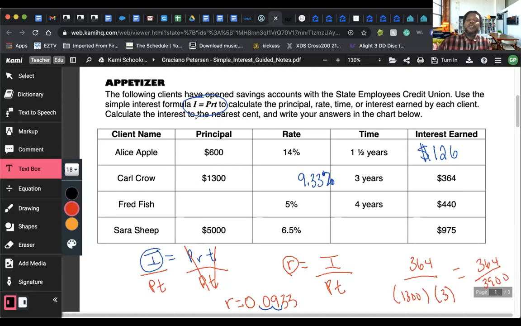Right, so we're going to change it again for Fred Fish to figure out his principal, because the principal is what's missing for Fred, right? We don't have the principal for Fred, so we need to figure out his principal. That's what we need to find. So we're going to change around our equation another time to work with Fred. I'm going to erase what we have here.